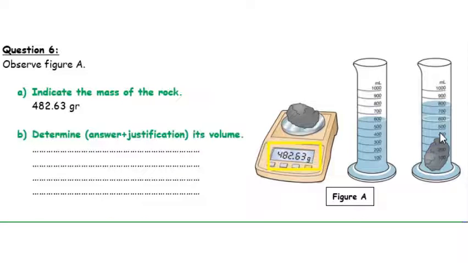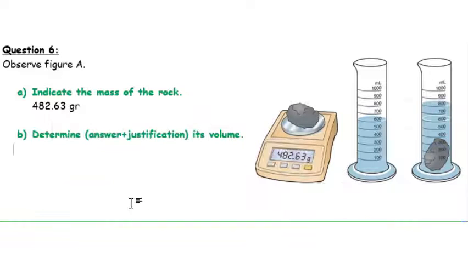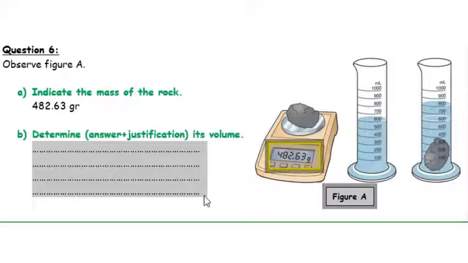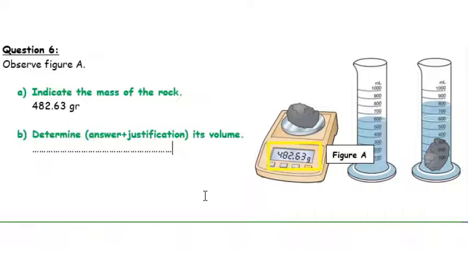So what is the difference? What did we do? We added the rock. How much space did the rock take in the water? What should we do? To find the volume of the rock, we must put 800 milliliters, so I'm gonna put them this way.